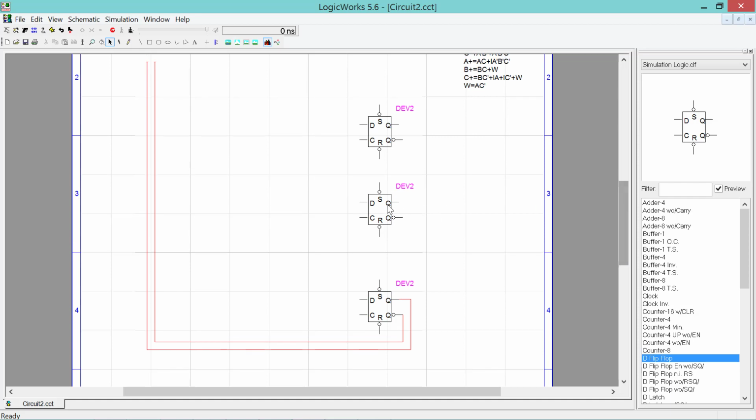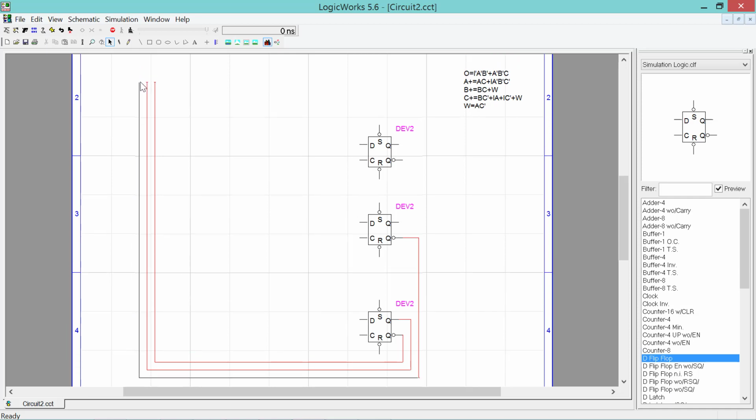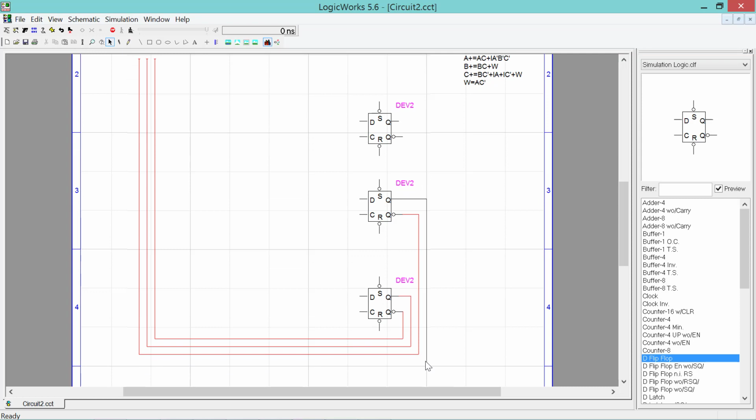Then we can bring over the signal B. Or B prime and then B. Previous signal was B prime.